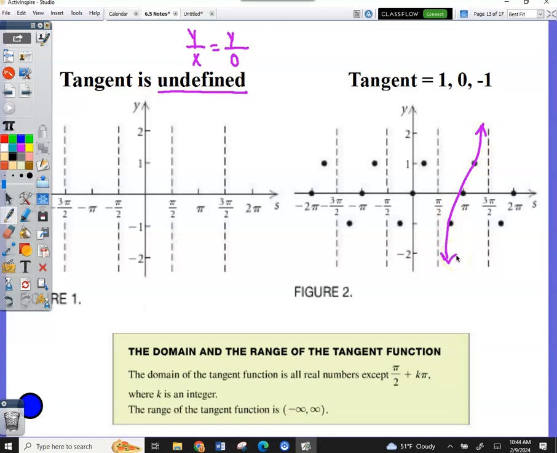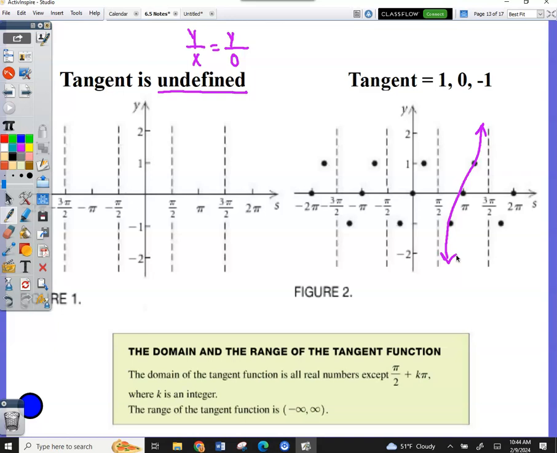Now, if you were to try and talk about the domain and range of tangent, it's a little backwards. This time, the domain has restrictions because we're jumping on these asymptotes, but the range, turn your head sideways, is covering the entire y-axis. So the range is the easier question to answer. It's going to cover everything.